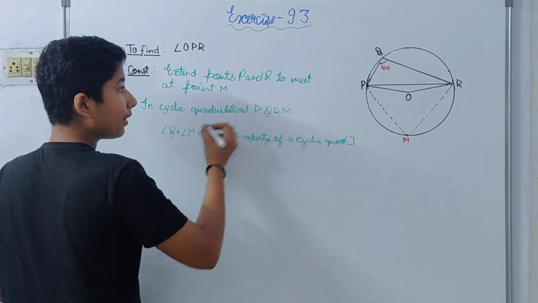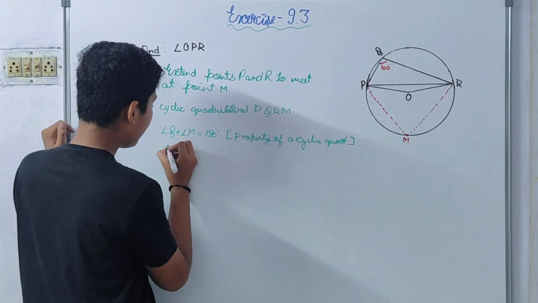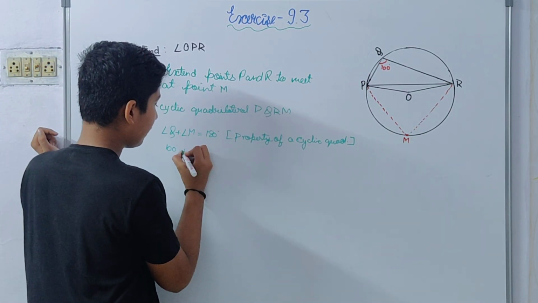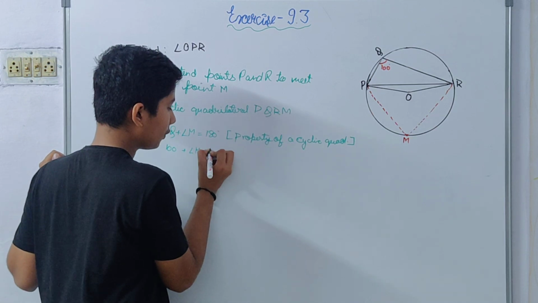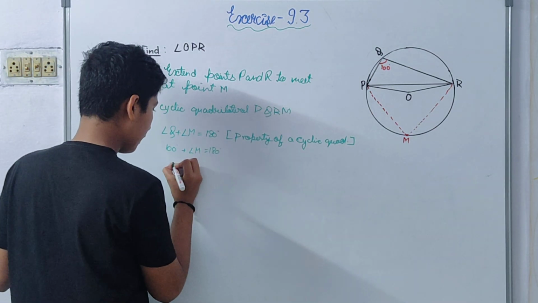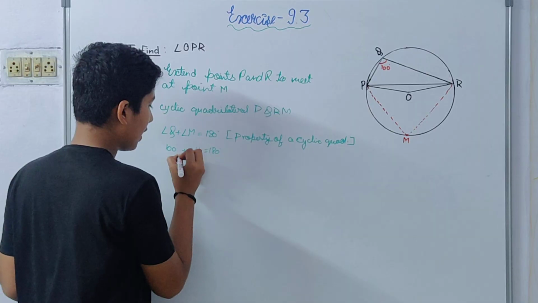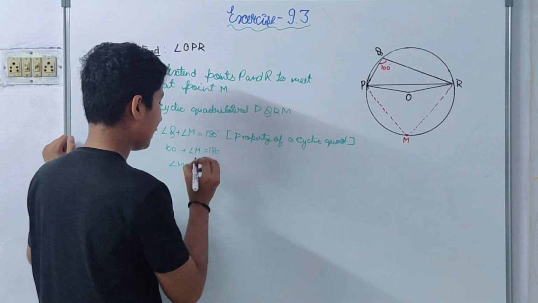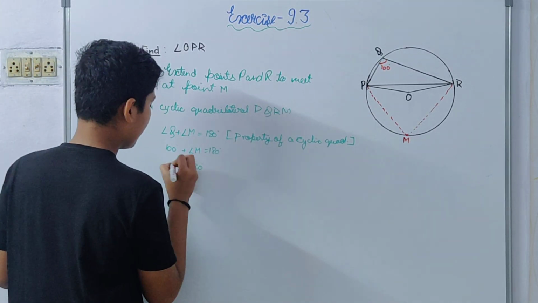Now, since angle Q is already given, we'll write 100 degree plus angle M equal to 180 degree. Angle M equal to 180 minus 100, which is 80 degree.